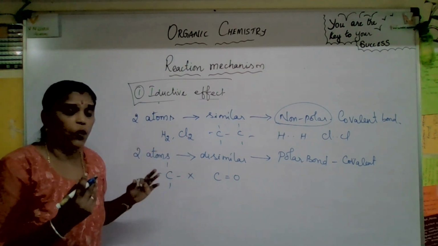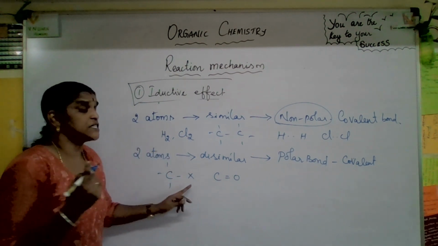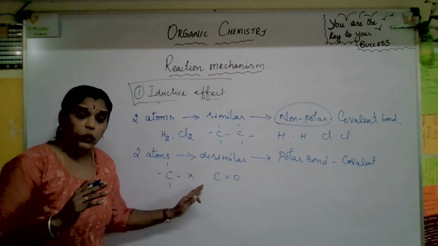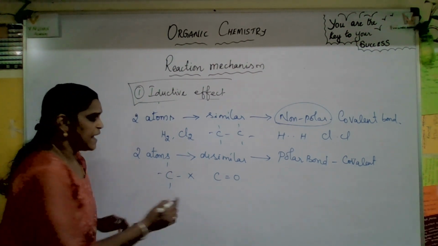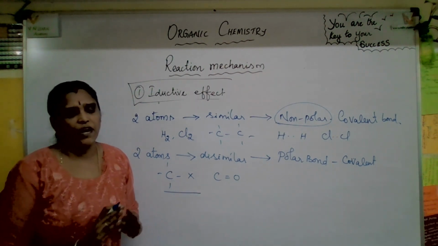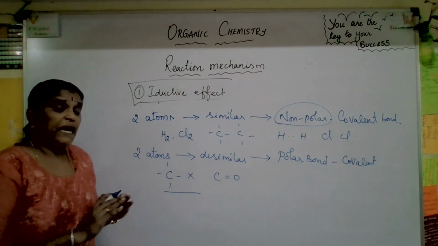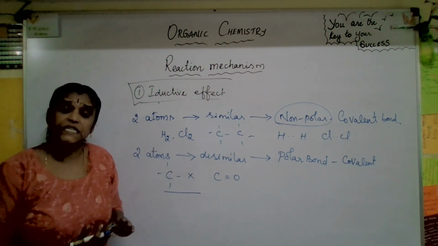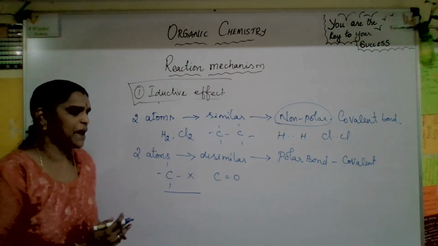So polar bond molecules. Now here this is a substituent group. When we talk about the substituent group connected with carbon, both have electronegativity, but which one has more and which one has less is what matters.